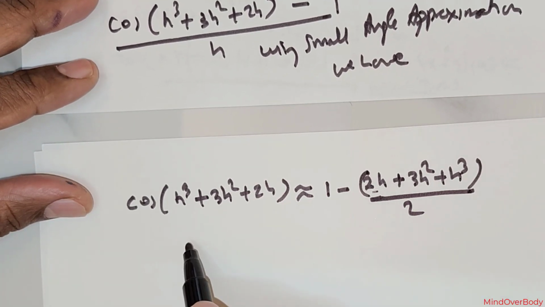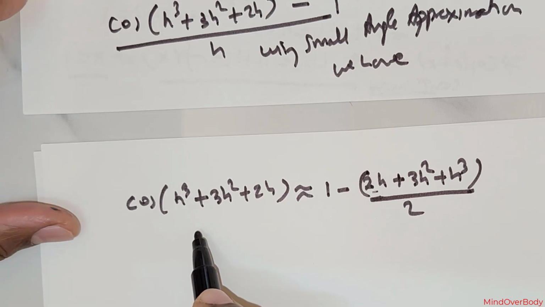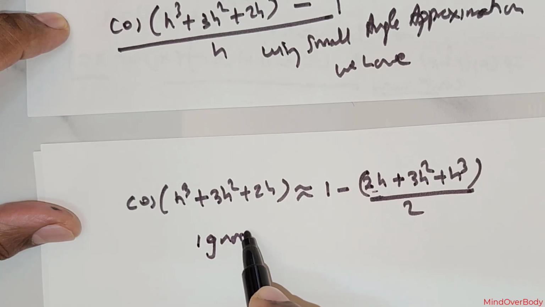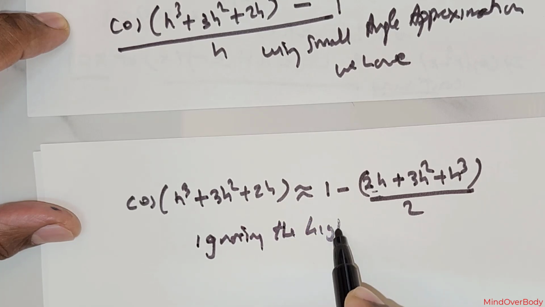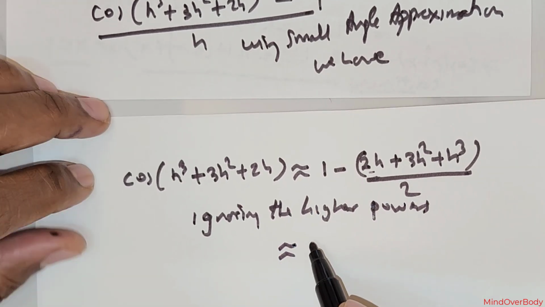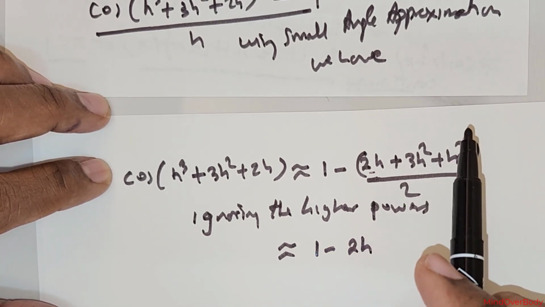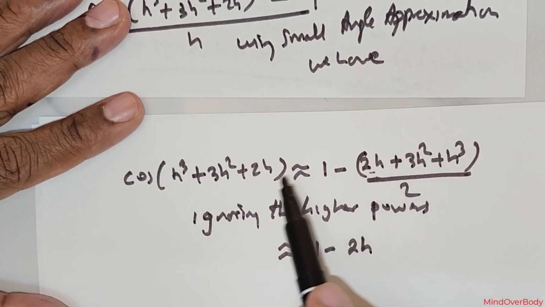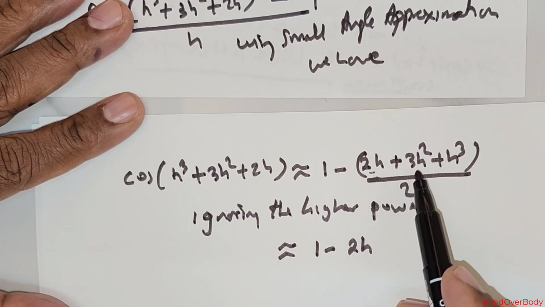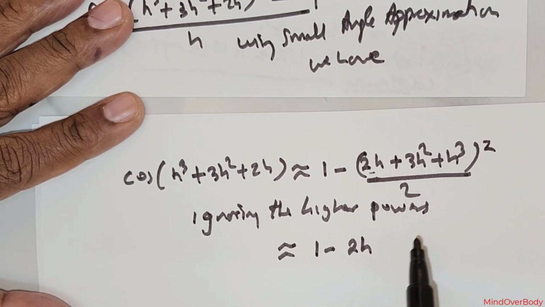Now if we were to get rid of the higher powers, removing or ignoring the higher powers, the inner part is now going to be approximated with 2h. Now the important part here is that this entire component is approximated with 1 − (2h + 3h² + h³)², that is critical.